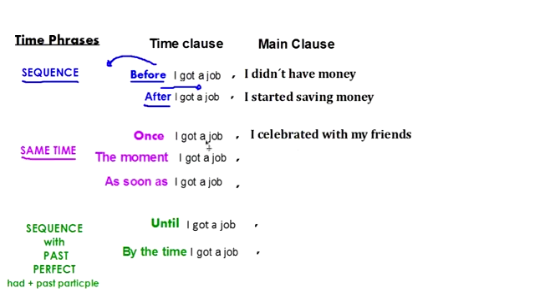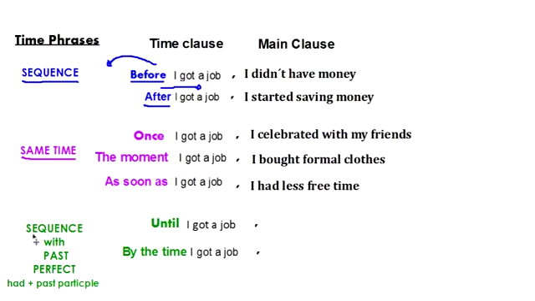So almost immediately after I got a job, I celebrated with my friends. The moment I got a job, I bought formal clothes. Or as soon as I got a job, I had less free time. So again, we use these, once, the moment, and as soon as, to indicate two actions that happen almost at the same time. Or sometimes this action cannot happen until this action happens.